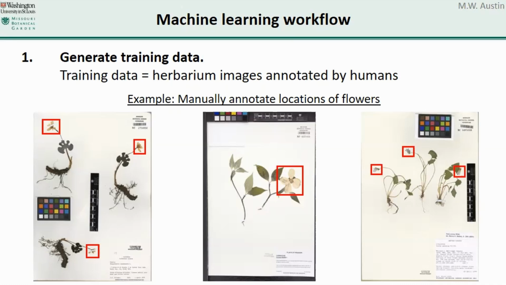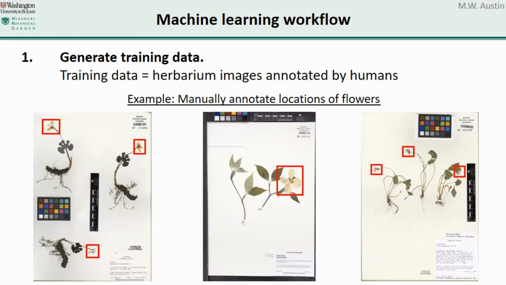And if we take the example of applying machine learning to counting the total number of flowers on herbarium images, training data would consist of human annotated herbarium sheets, where humans have manually indicated the location of flowers on specimens. And this is done by drawing a bounding box around each flower on an image.